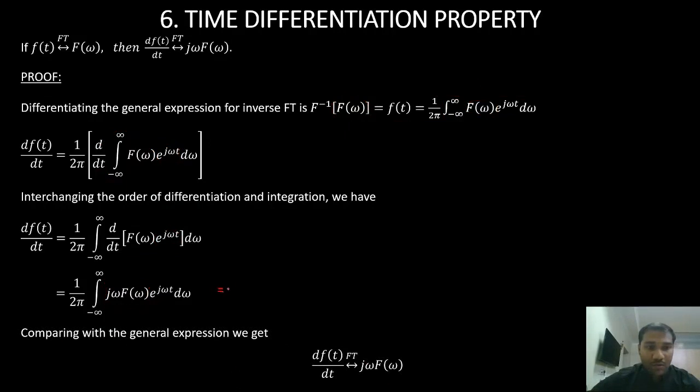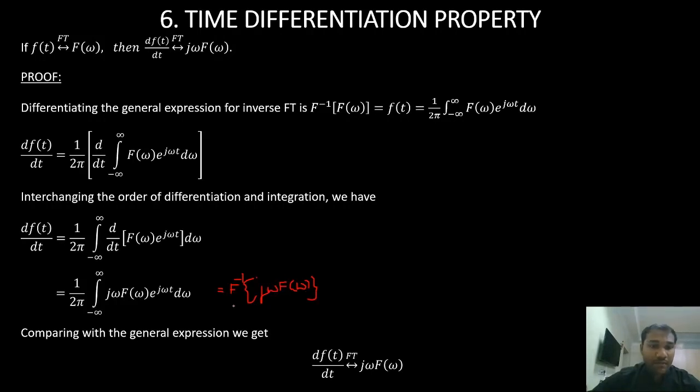So that is going to be equal to Fourier inverse of j omega into f of omega, right? So d by dt of f of t is equal to Fourier inverse of j omega f of omega.